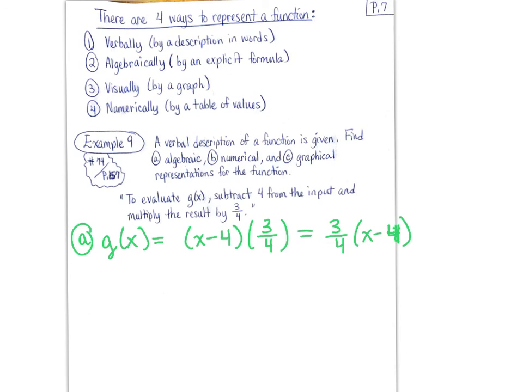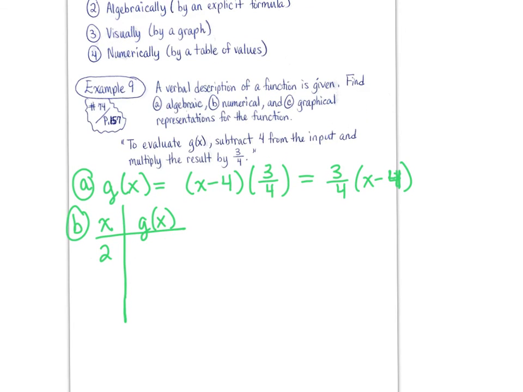B, find a numerical representation. So for that, it just means, okay, if you have different values of x, what are your corresponding g of x values? So we'll find the values for 2, 4, 6, and 8.